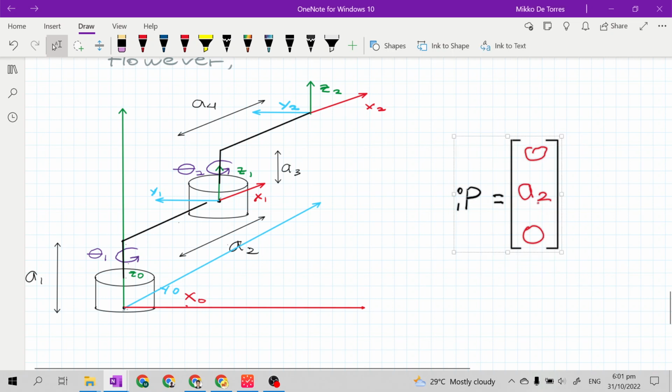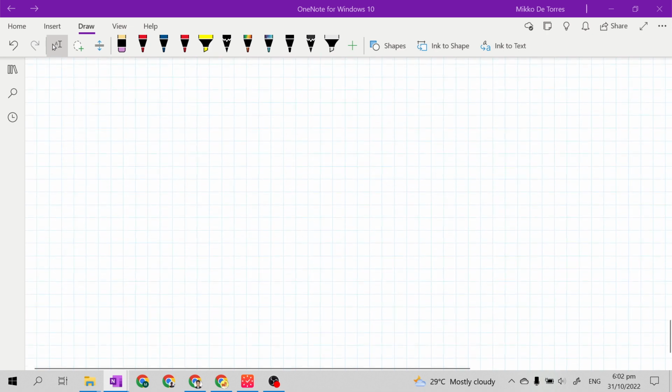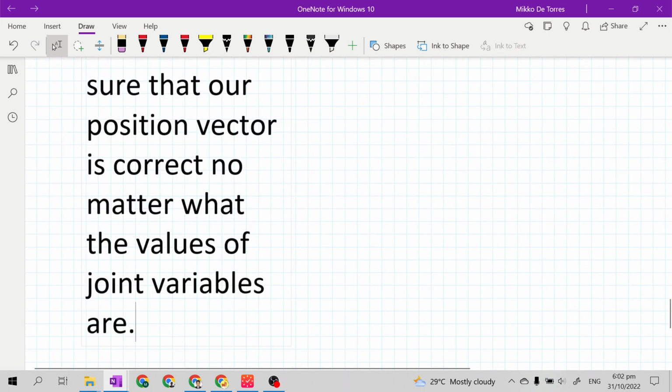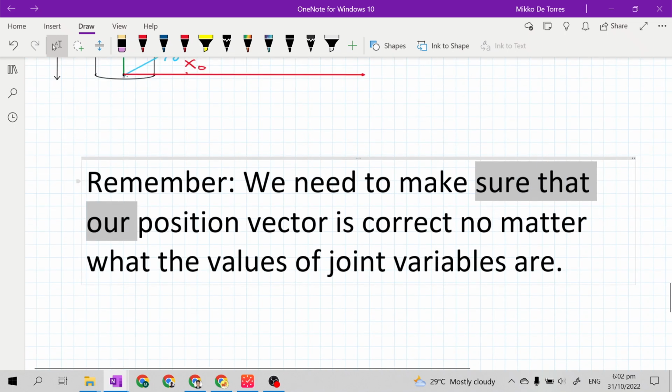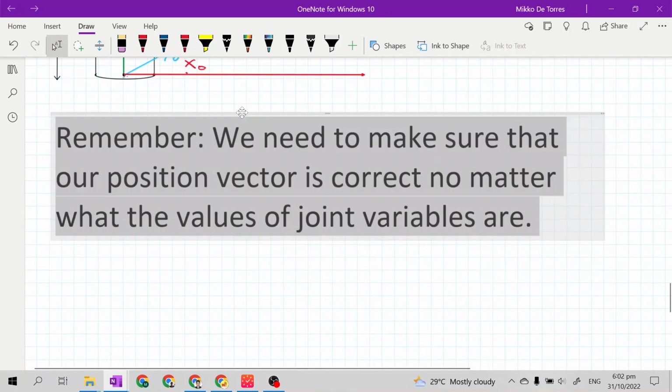So unlike the rotation matrix, the position vector must only have one derivation. It means there is only one true position vector, not two position vectors.